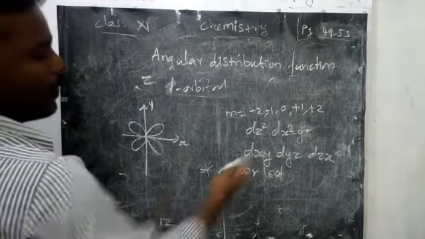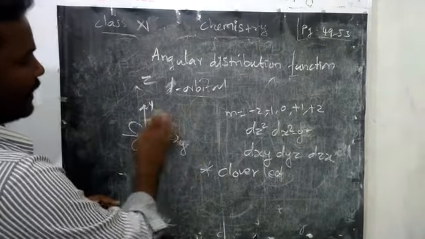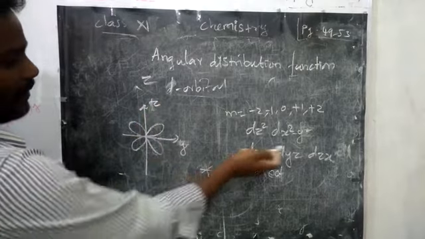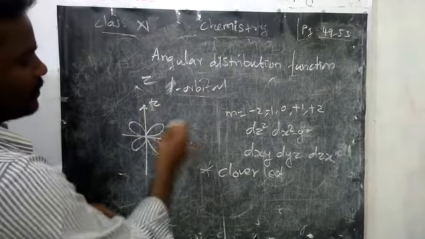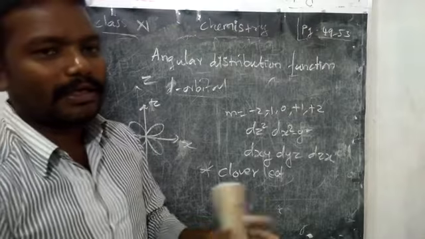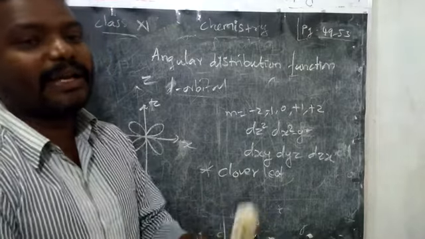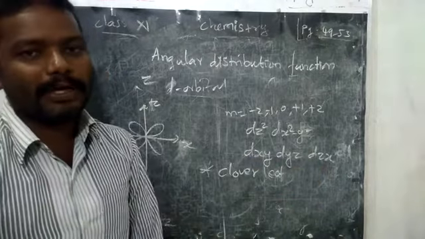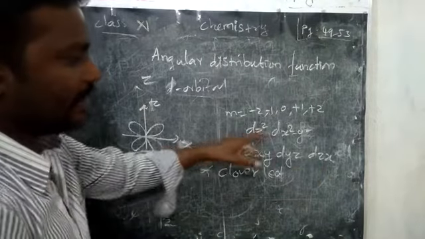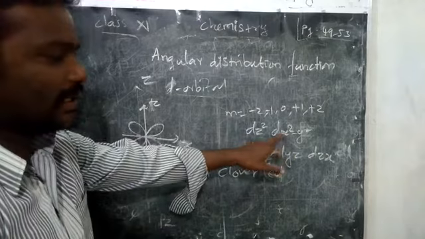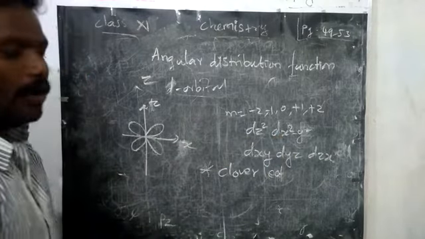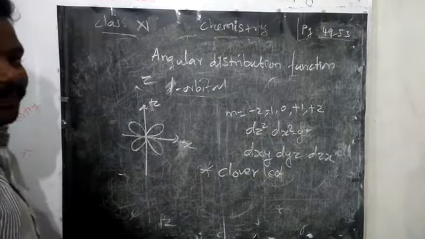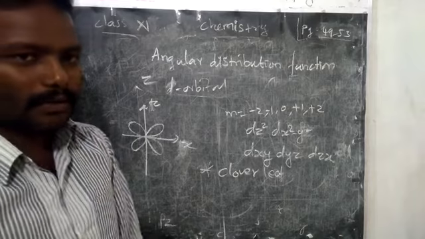Similarly for yz and zx, you can draw the different structures in between the axes. dxy, dyz, dzx orbitals are present in between the axes, but dz squared is along the axis, and dx squared minus y squared is also along the axis.